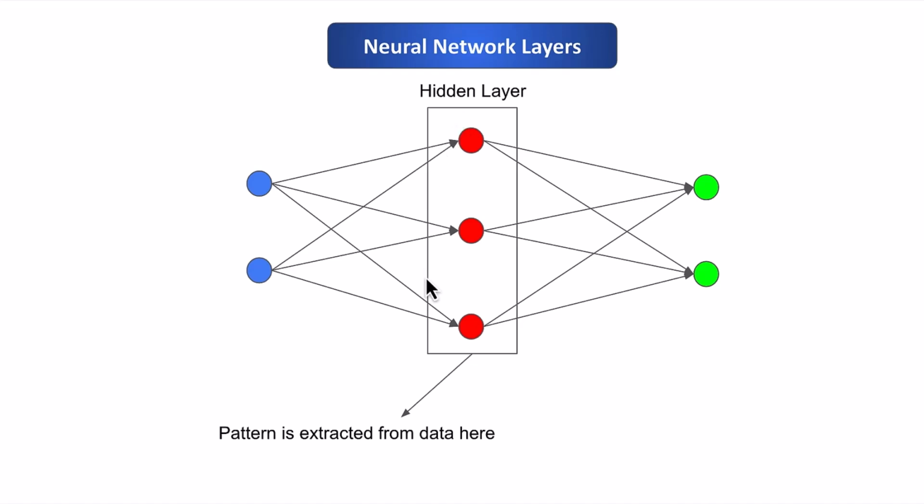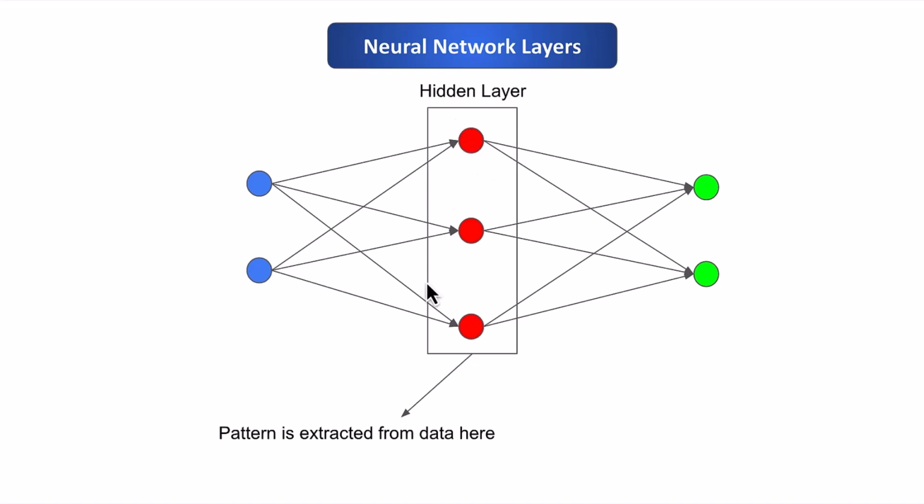The pattern from the data is extracted at the hidden layer. Right now in this hidden layer there are 3 neurons, but it can have any number of neurons. Similarly, as it's a very simple neural network structure, it contains a single hidden layer.